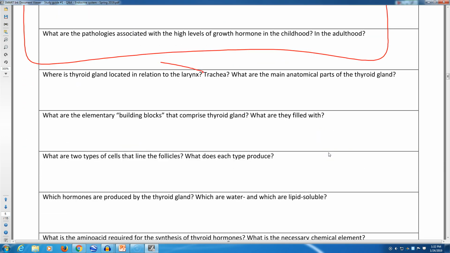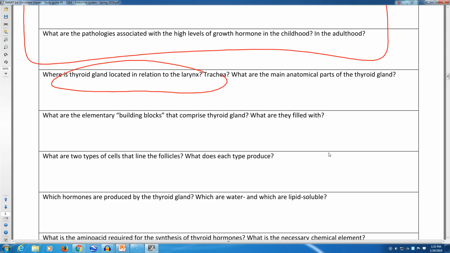So, thyroid. Inferior to the larynx, anterior to the trachea, main anatomical parts that you need to know: 2 lobes and isthmus. Microanatomy. I don't require you to tell parafollicular and follicular cells apart, okay? But if you have a picture of the thyroid gland, don't tell me that those are chief cells or oxyphil cells or beta cells.